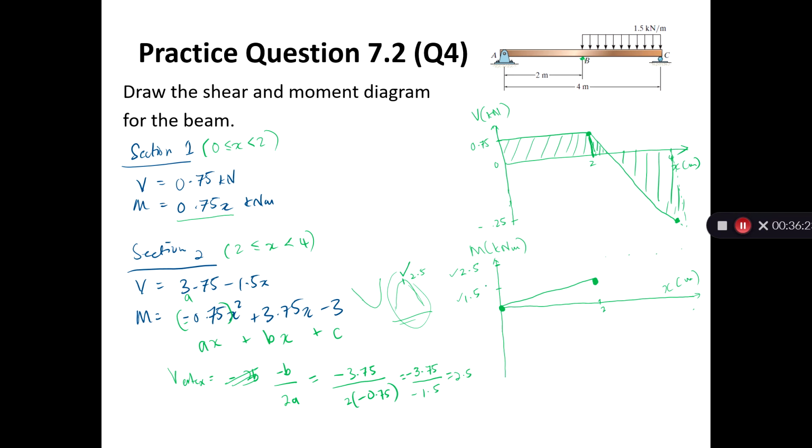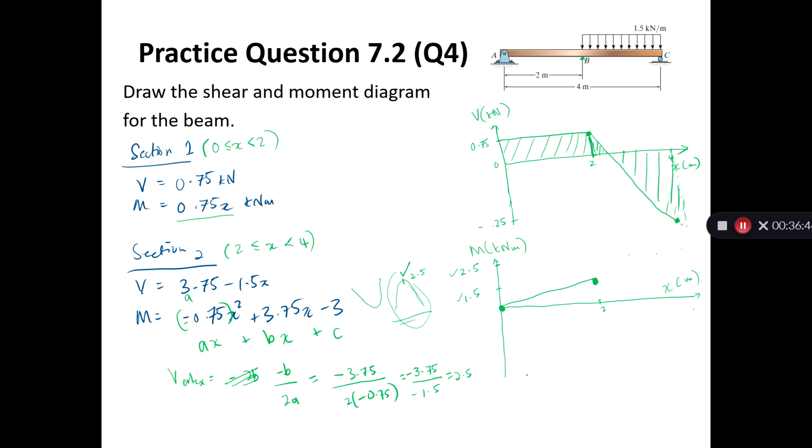So now you can start to put in the numbers. When x equals 2, what are you going to get? x equals 4, what are you going to get? And if you want to be more sure, you can put x equals 3 also.